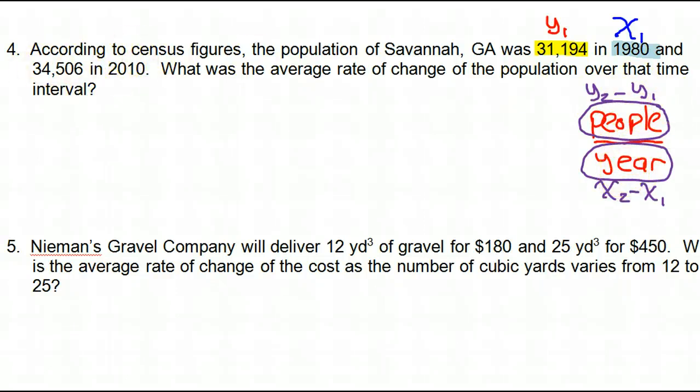So from there, it's easy now that we understand that people are y values and years are x values. So what happens next, guys? We have 34,506 people. So again, people, that's going to be a y value. So this is clearly y2. And then we have 2010. Again, that's a year. So that is, once again, going to be an x value.